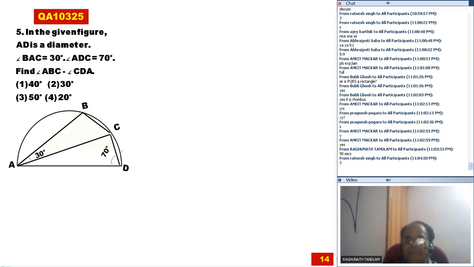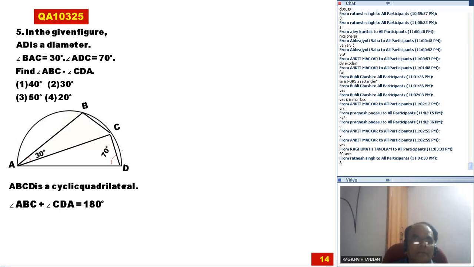In a cyclic quadrilateral, opposite angles add up to 180 degrees. Clear? Answer is first choice. Ajay Karthik, how is it 50? I didn't understand. How is it 50, Ajay? 120 minus 70.